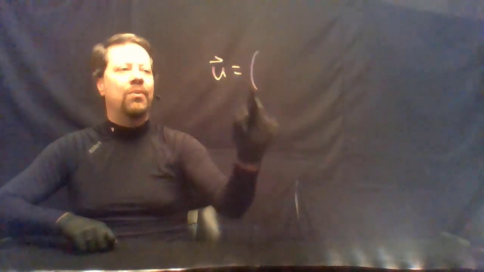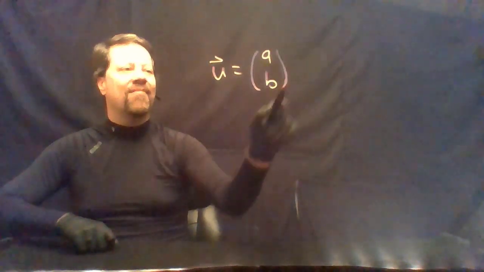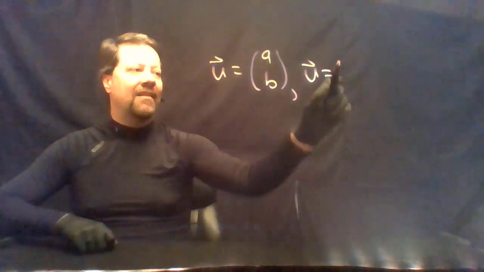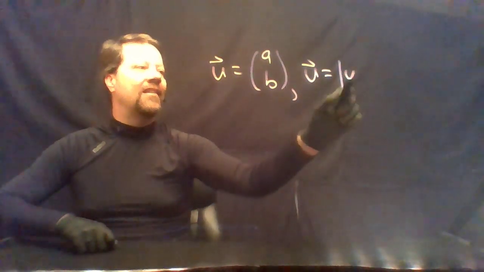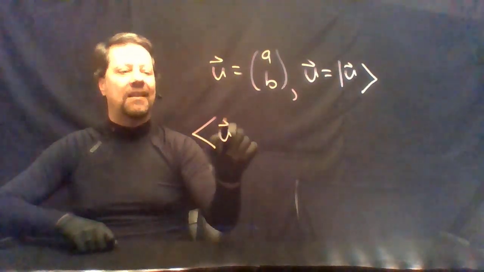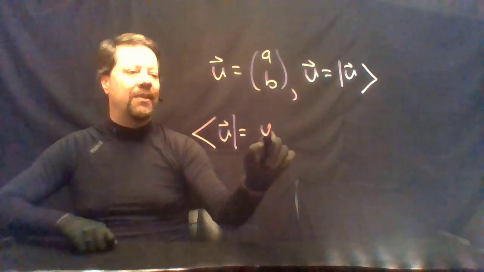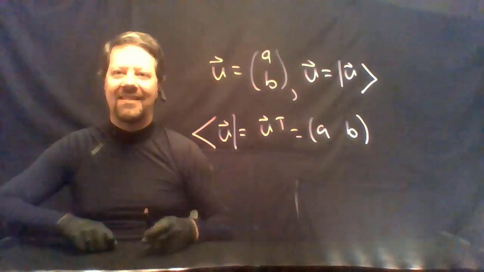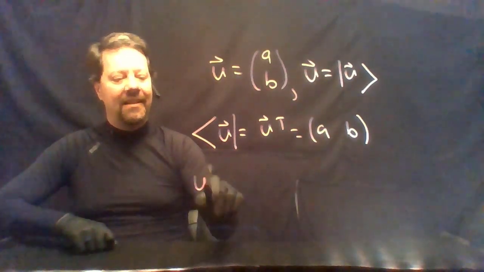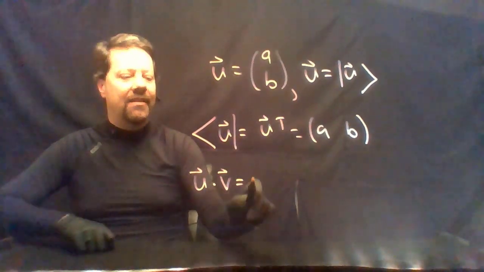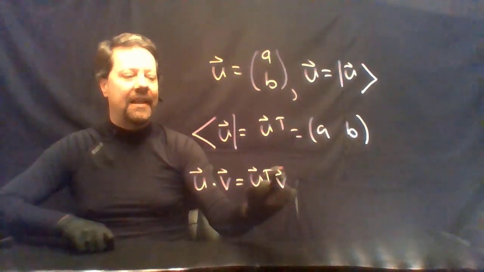In quantum theory notation, if I have a vector u which has coordinates a, b, remember u is equal to a ket. The corresponding bra is the transpose. So if I want to find the Euclidean dot product of a vector u and v, you know that that's u transpose v.